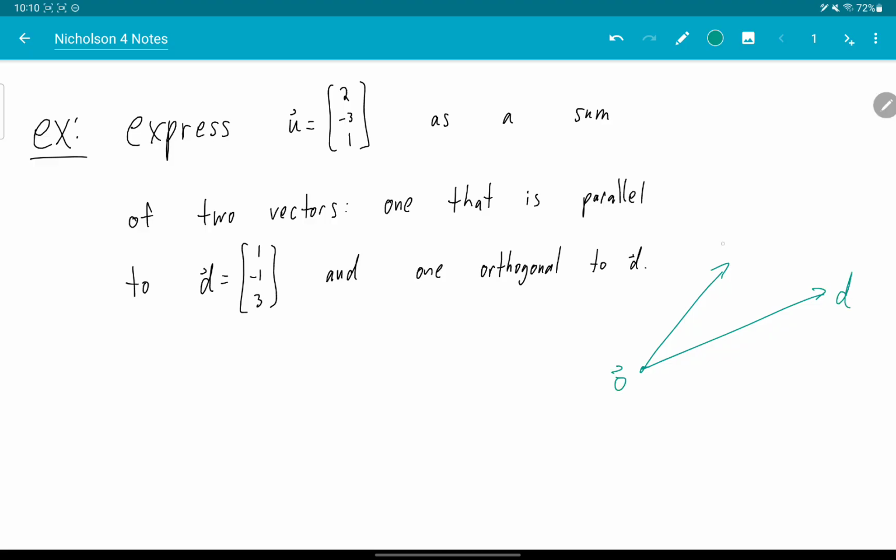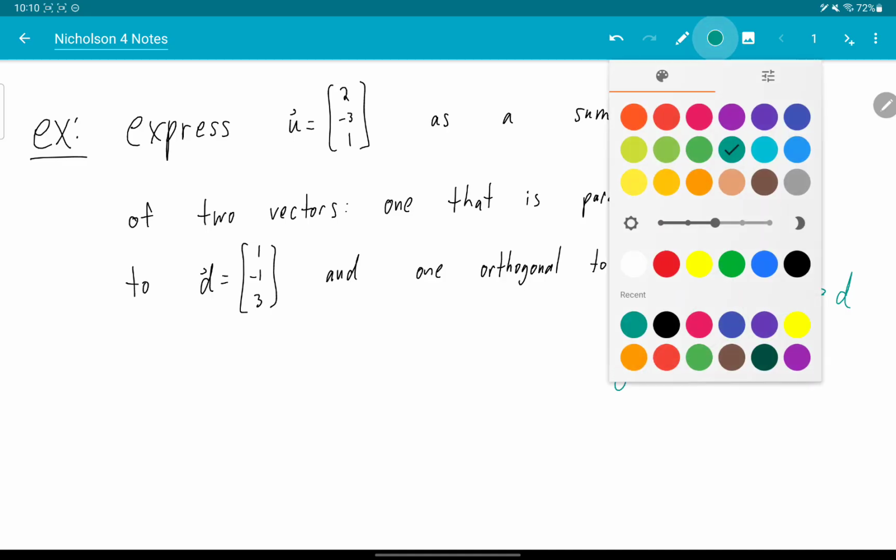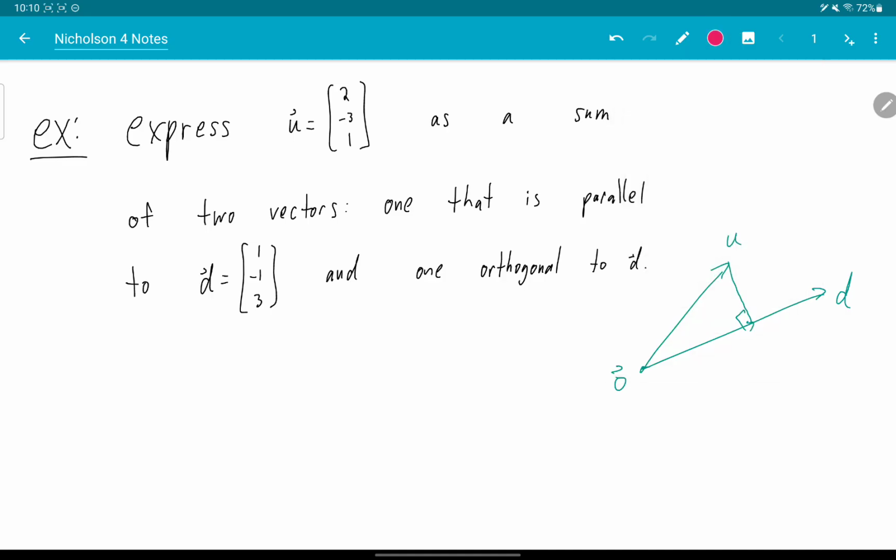We have D here, we got U here, and we want to, whoa, that's a funny perpendicular, we want to express the vector U as the sum of something parallel to D, which will be my projection, and something perpendicular, which will be my perpendicular.